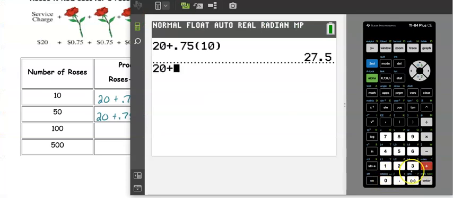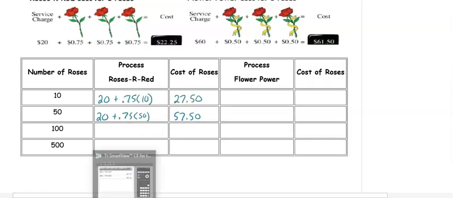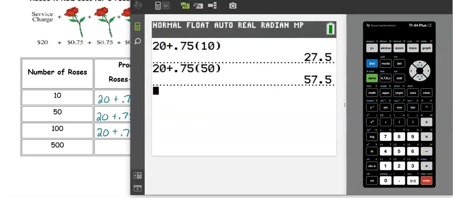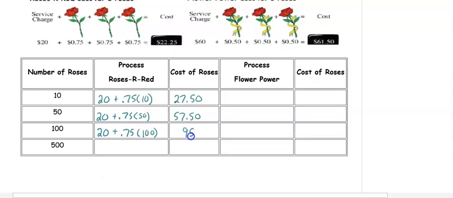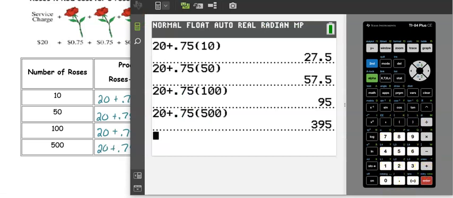So we have 20 plus 0.75 times 50, which would get us $57.50. Then we have a $20 service charge plus 75 cents times 100 roses. That would get us $95. And then we have a $20 service charge plus 75 cents per rose for 500 roses.